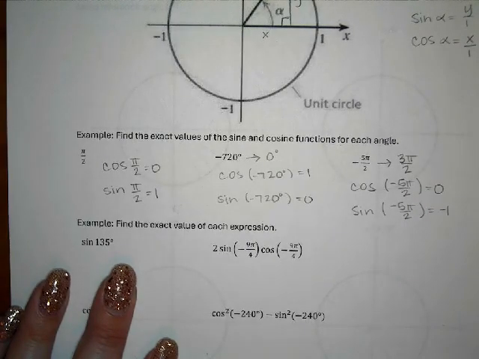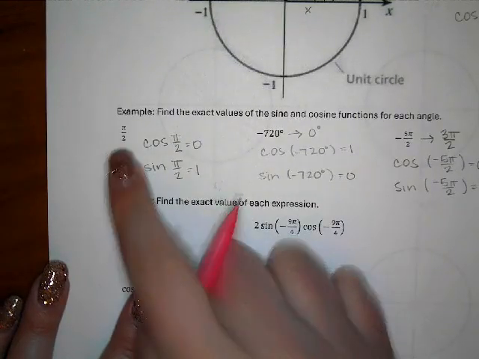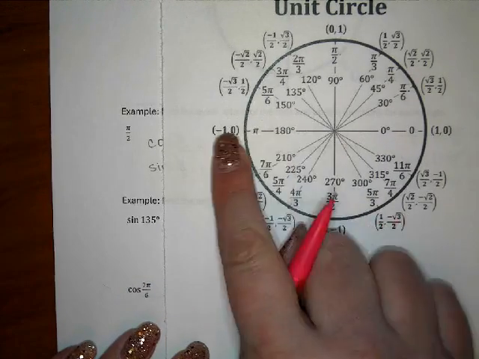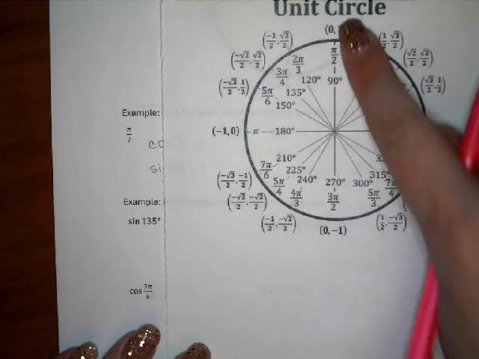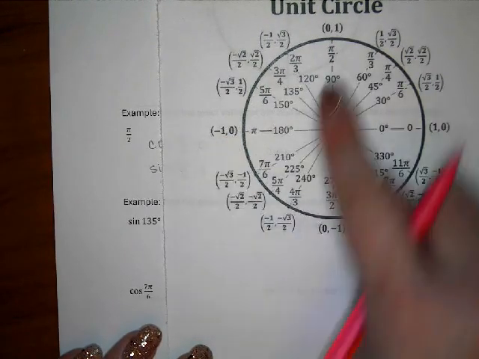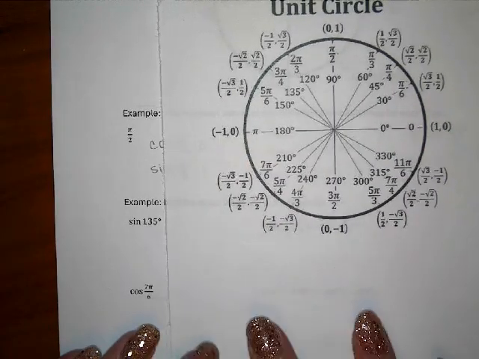So all of these ended up being quadrantal angles. That is angles where the terminal side lies on a quadrant line, so the x-axis or y-axis, and that's what made all of these 0 or 1 or negative 1. They were a little bit easier to write.